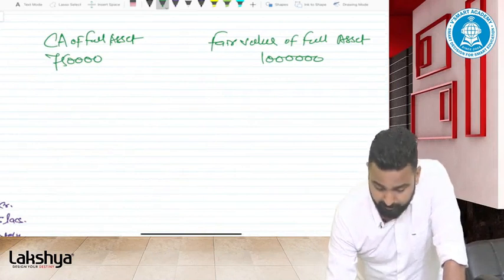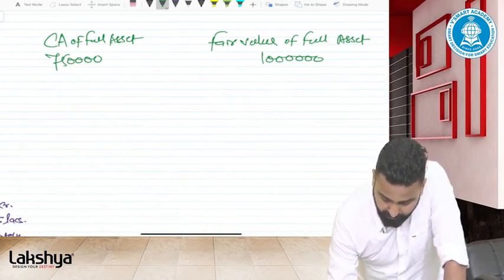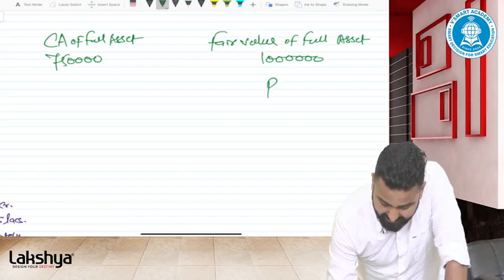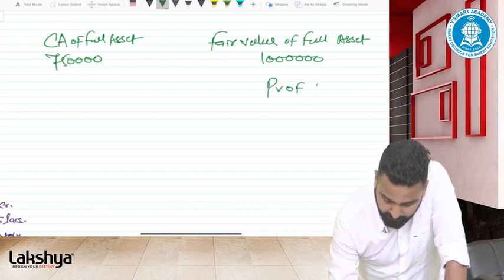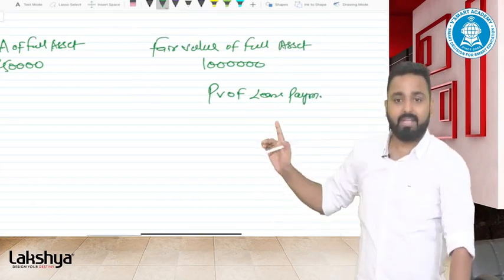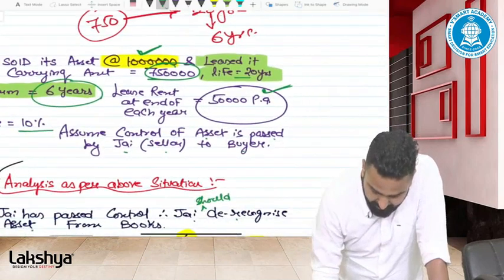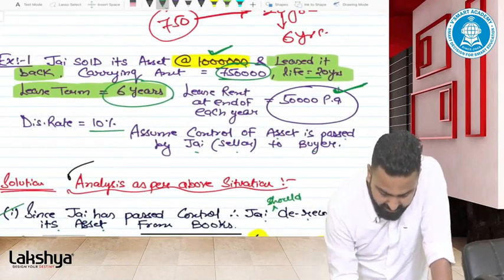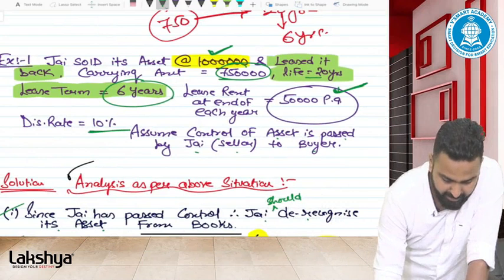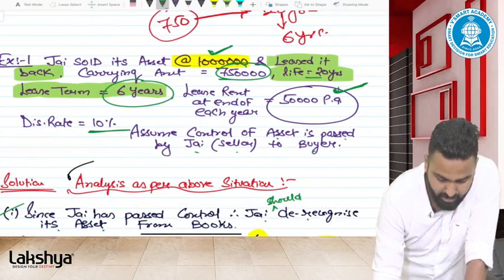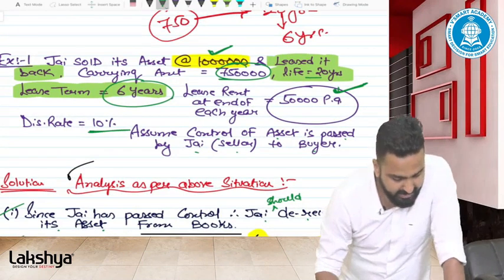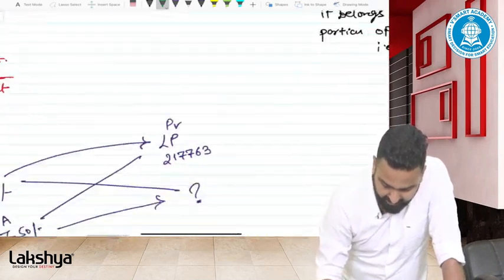Now, suppose the present value of lease payment. What is the present value of lease payment? It is 50,000 per annum at 10%. So 50,000 divided by 1.1, for 1, 2, 3, 4, 5 years, 189,539.